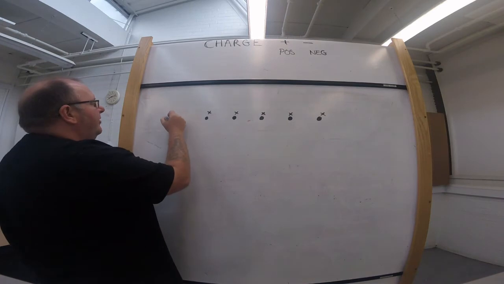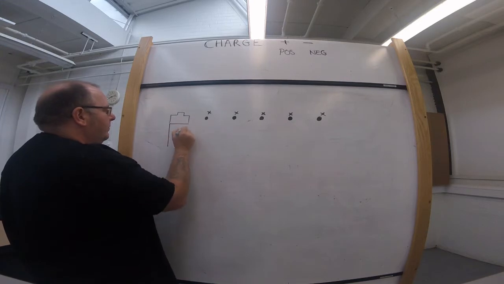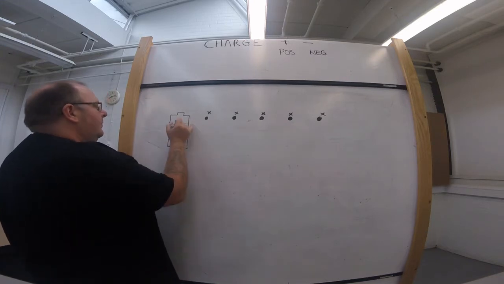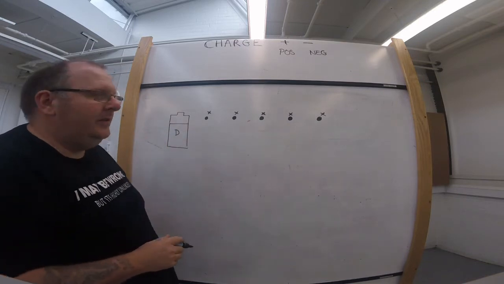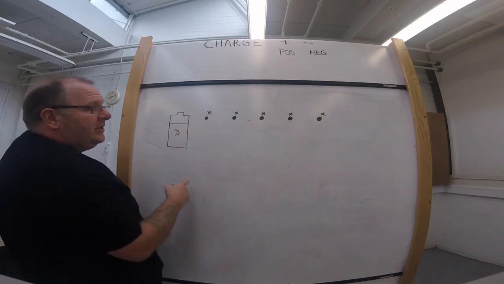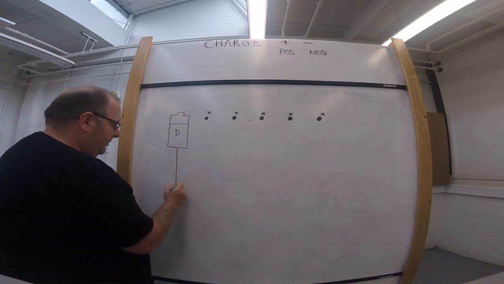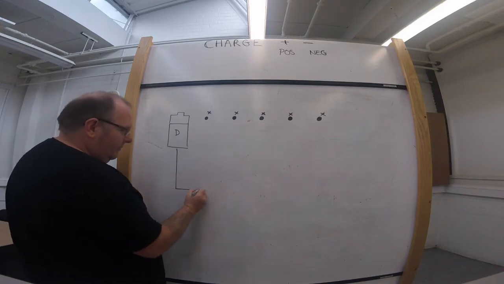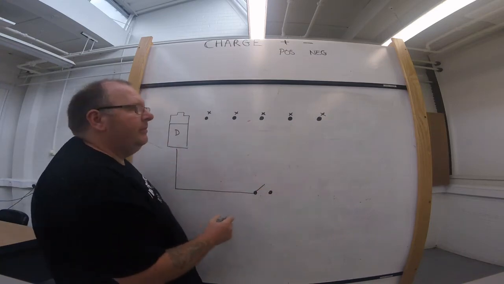Let's say I have a battery. Duracell battery. No sponsorship. If I create a circuit, so a route all the way, put a switch in, just so that we can say we've got a circuit.